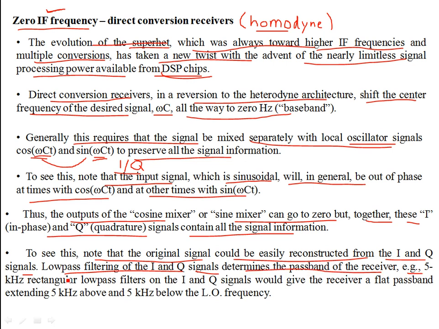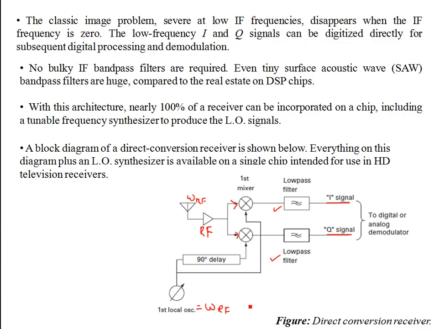For example, a 5 kHz rectangular low pass filter on the I and Q signals would give the receiver a flat passband extending 5 kHz above and 5 kHz below the local oscillator frequency. So both the I and Q channels are using low pass filters.